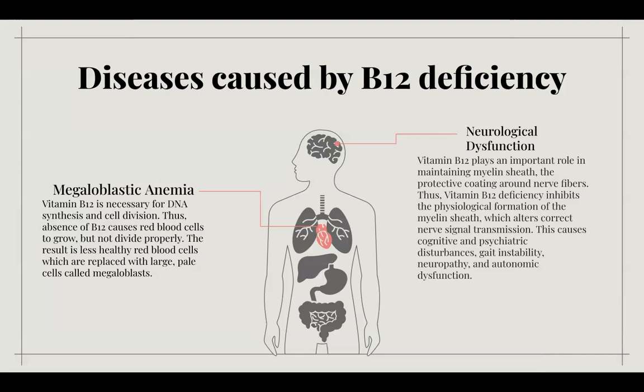If you're vitamin B12 deficient and the physiological formation of this insulation is disrupted, you no longer have correct nerve signal transmission. This causes cognitive and psychiatric disturbances, gait instability, neuropathy, and autonomic dysfunction.